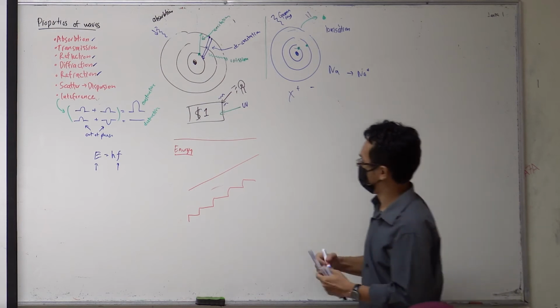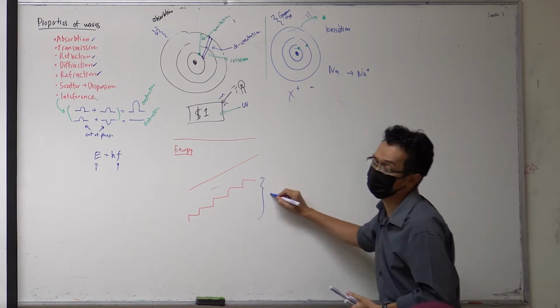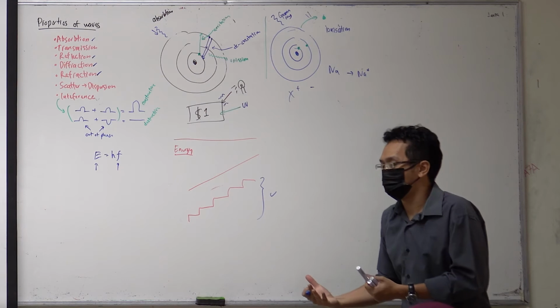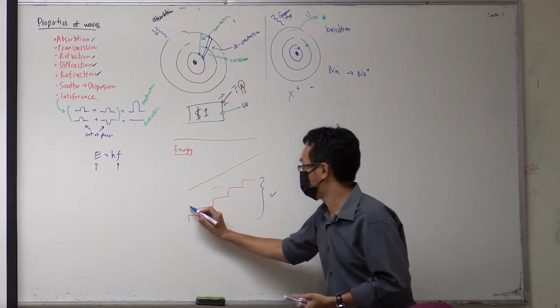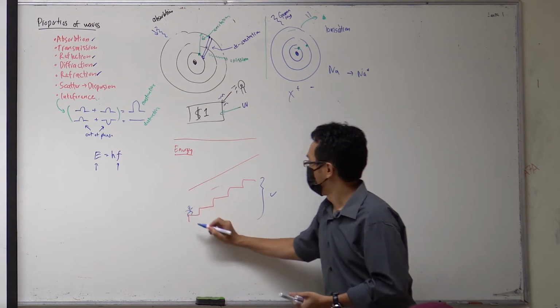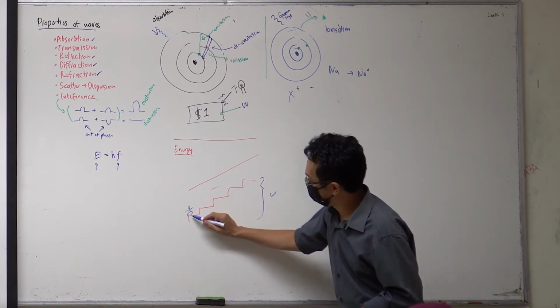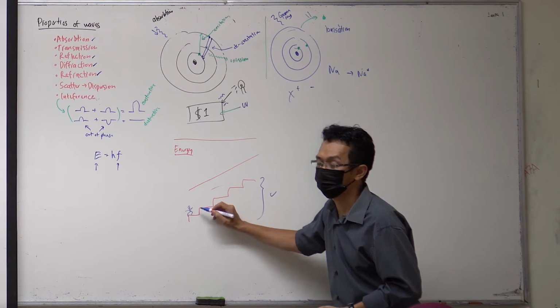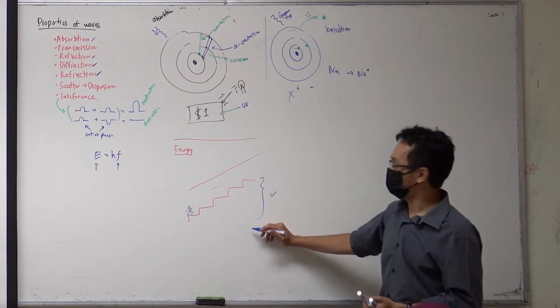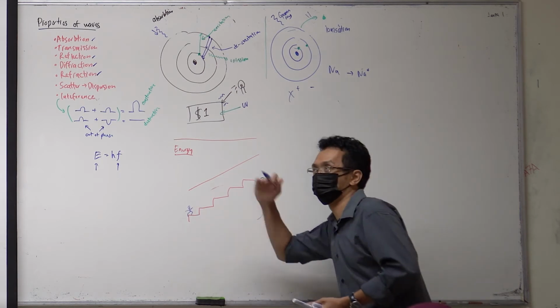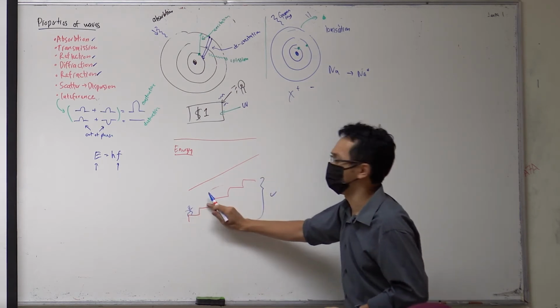So this is what quantum theory means: the energy is quantized, so the energy cannot be in the middle. For example, when you walk on stairs, you either step on the first stair or the second. You cannot step on half of a stair. You need either here or here.